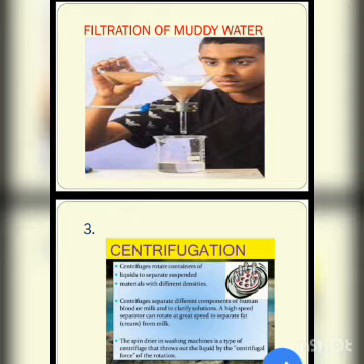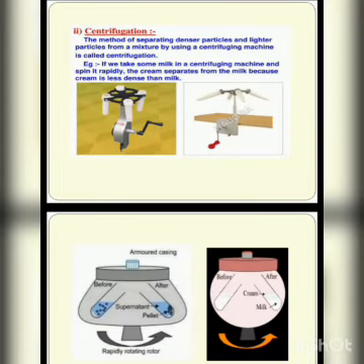So this method is used for separating dense particles and lighter particles from a mixture by using a centrifuging machine, and this is known as centrifugation. For example, if we take some milk in a centrifuging machine and spin it rapidly, the cream separates from the milk because cream is less dense than milk. You can see in the figure a machine that separates the milk and the cream.